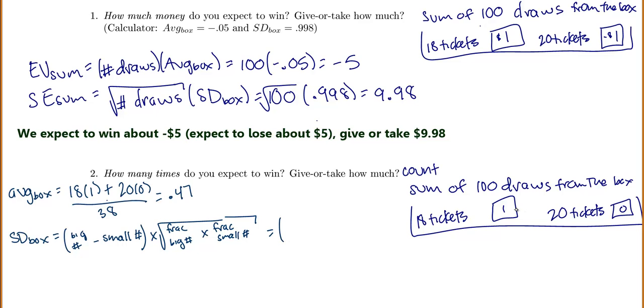So my big number, 1, is bigger, so it's going to be 1 minus 0 times the square root. Fraction of the big number, that's 18. There's 18 tickets that have the big number out of a total of 38. And fraction of the small number, there's 20 tickets that had the small number of 0 out of 38. And this gives me 0.499.